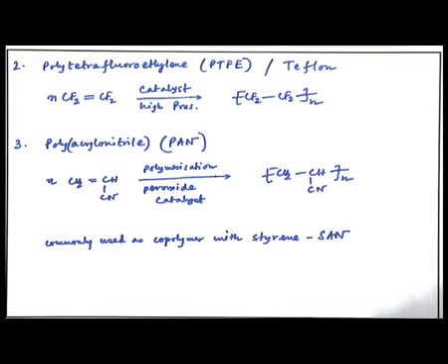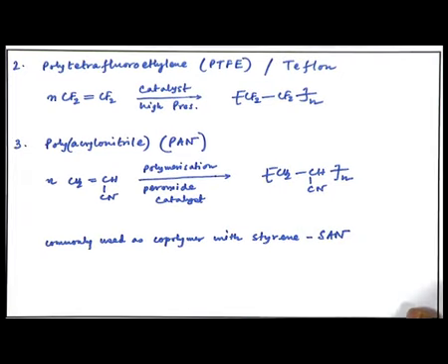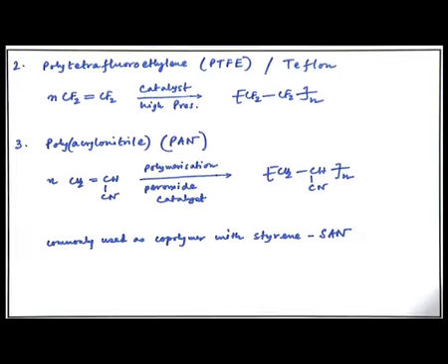The third we discussed was polyacrylonitrile, in short PAN. In the presence of a peroxide catalyst, the acrylonitrile monomer is polymerized. These are addition polymers, formed by a chain growth polymerization mechanism.